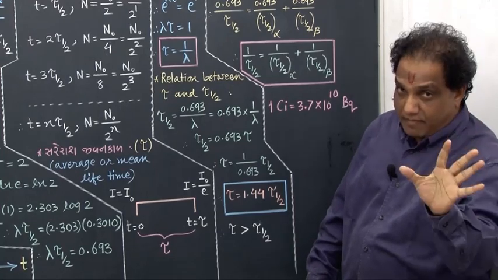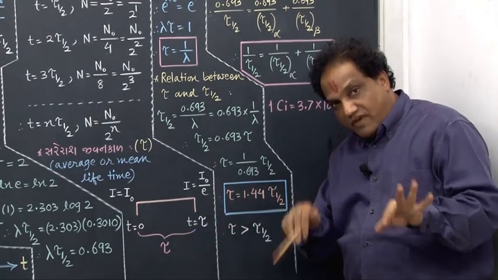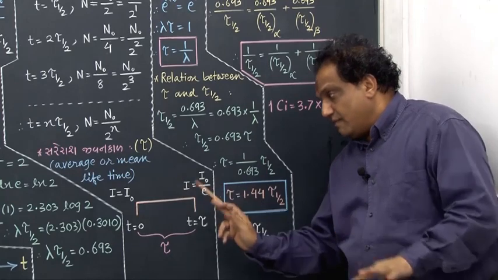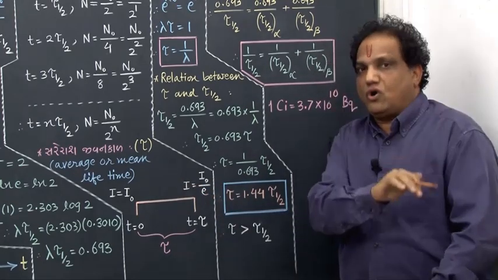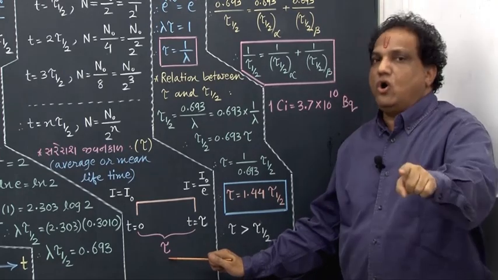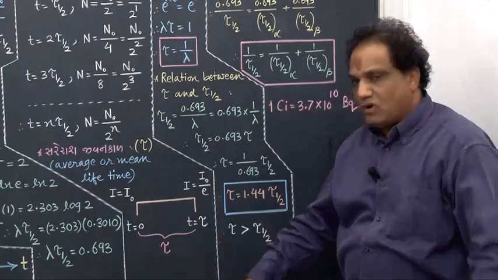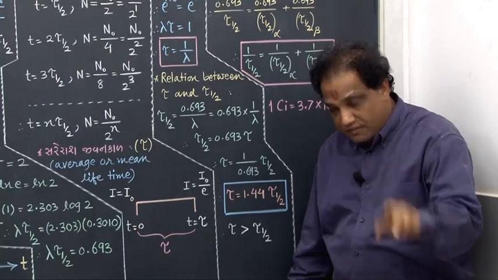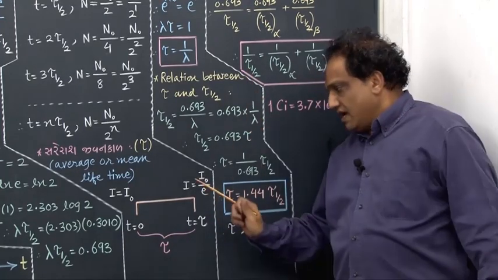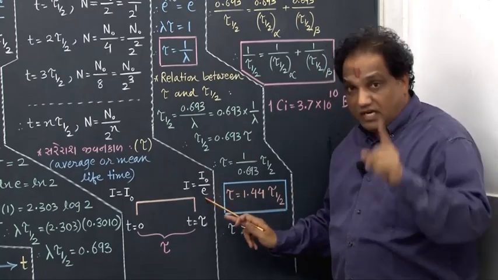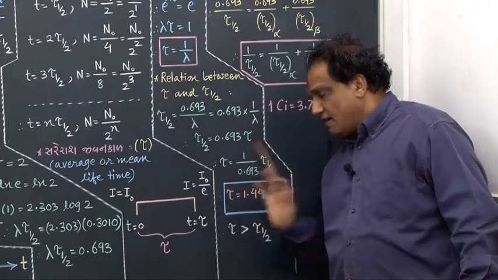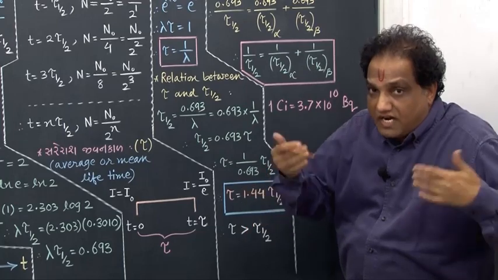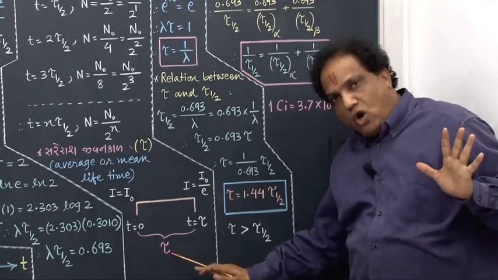For a given radioactive element, the time interval at the end of which its activity becomes 1 upon e times its activity before that time interval is called its average life or its mean life, shown by symbol tau. Simple.